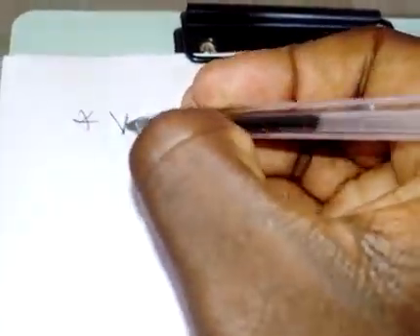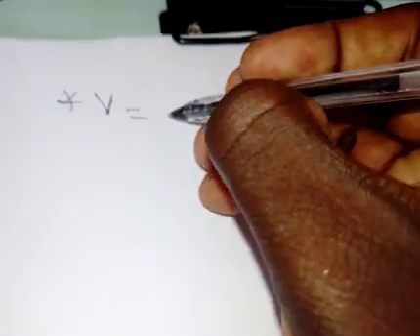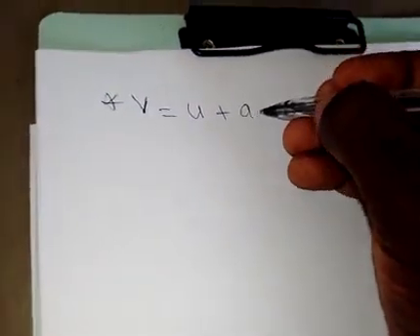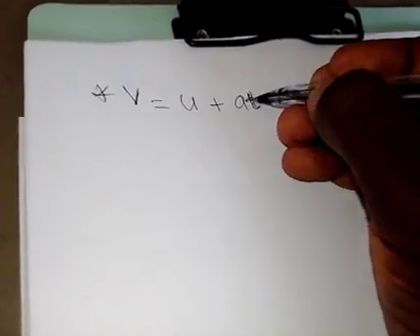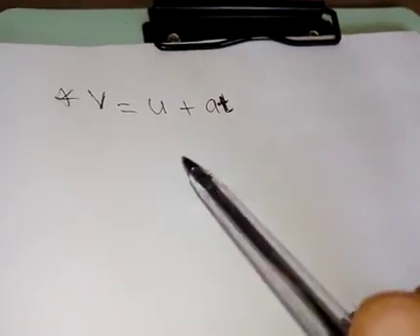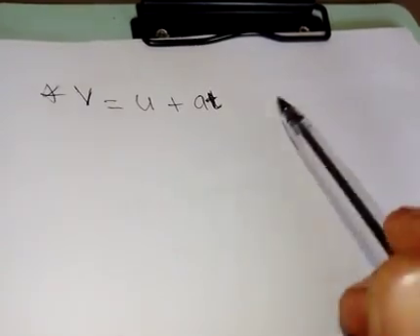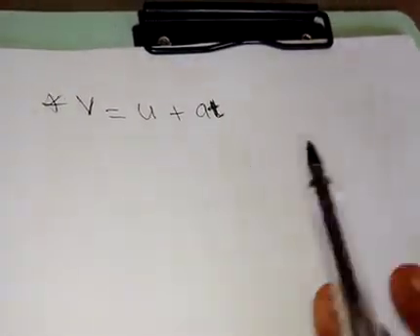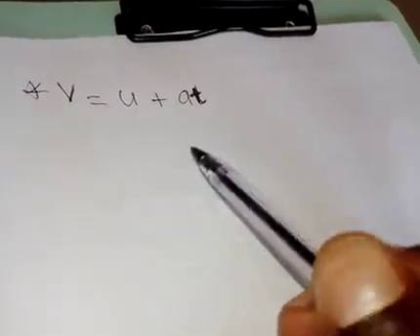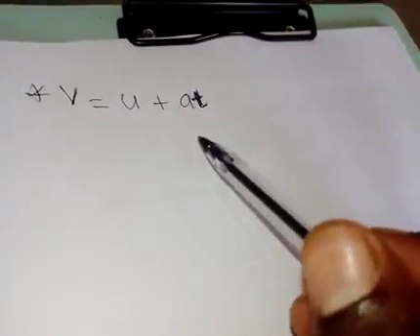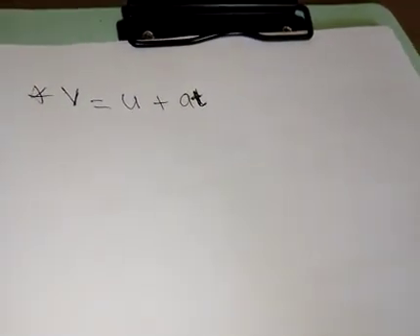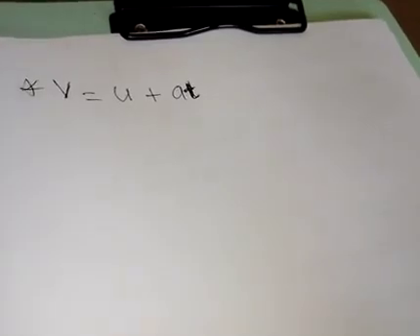Let me use the same example for velocity, v equals u plus at. We are saying that we can multiply or divide physical quantities with the same or different dimensions, but that does not apply to addition and subtraction.